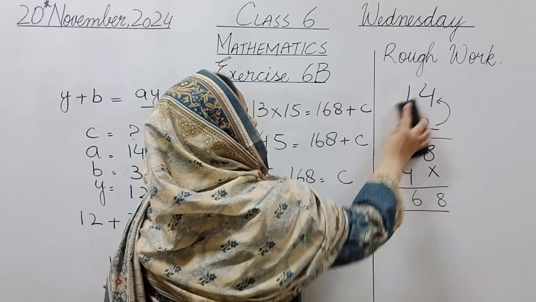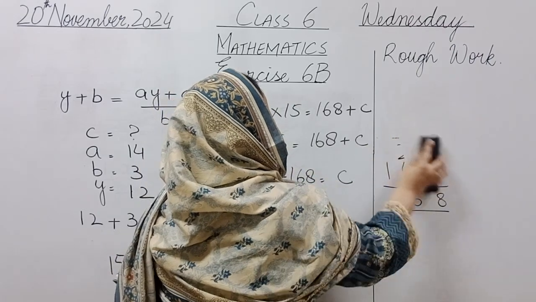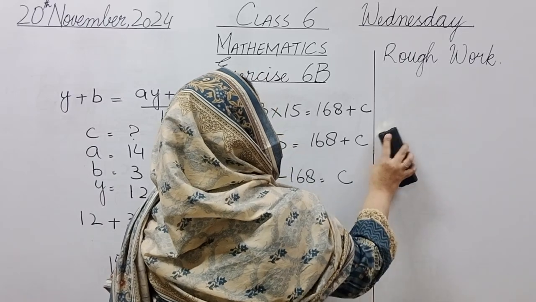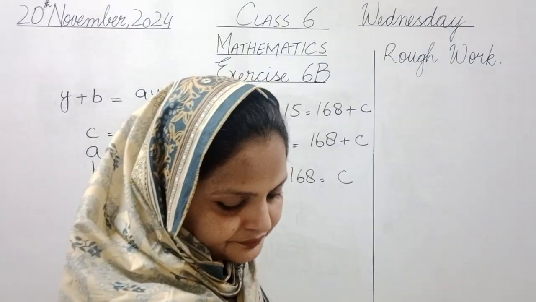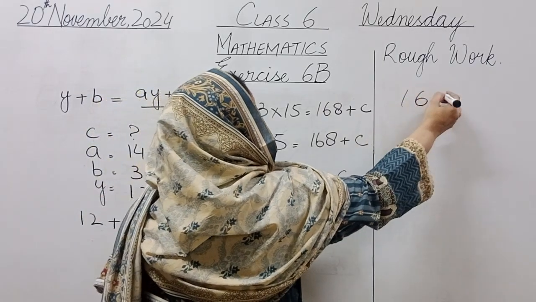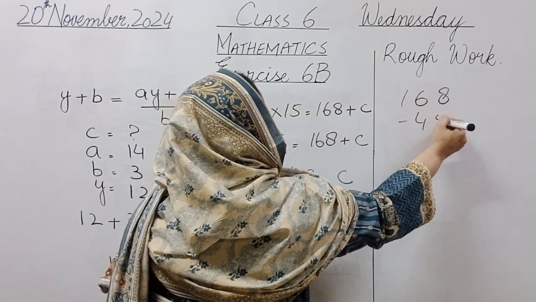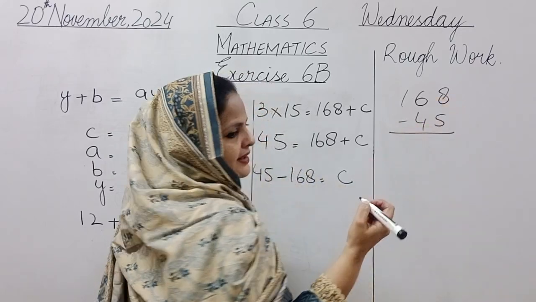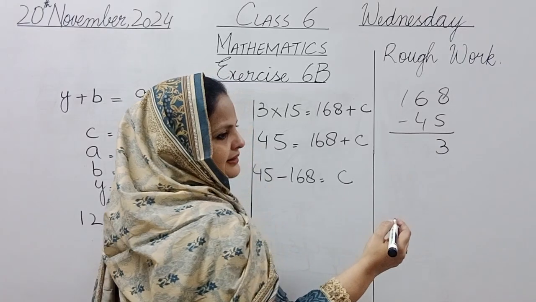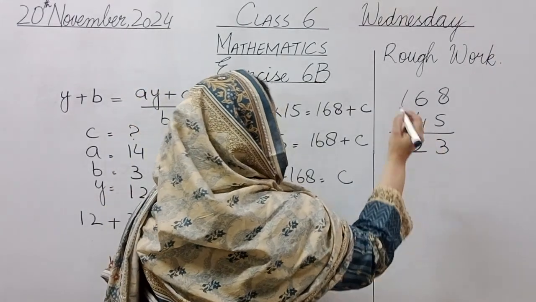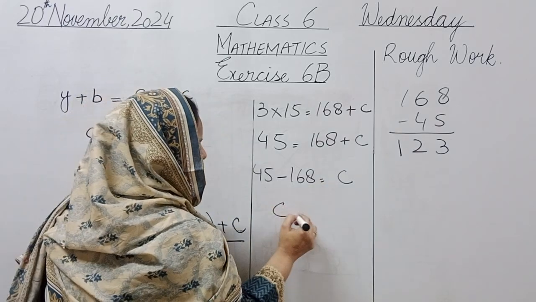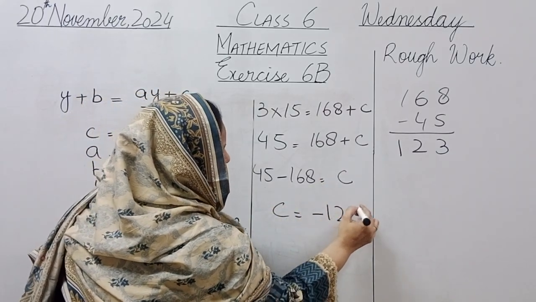Boys and girls? How did it come? 168 minus 45. 8 minus 5 is 3. 6 minus 4 is 2 and 1. So the value of c will be minus 123.